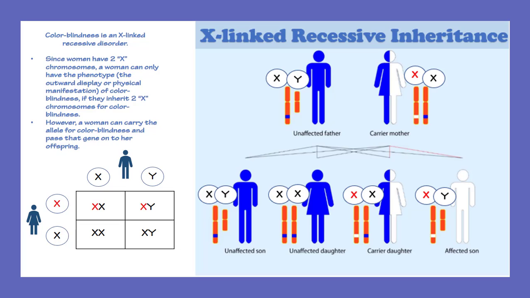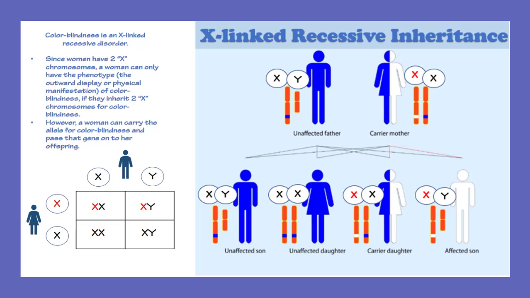Sometimes traits can be linked to the 23rd chromosome, which is the sex-determining chromosome. Let's look at what happens in an X-linked recessive inheritance pattern. Color blindness is a great example of an X-linked recessive disorder.